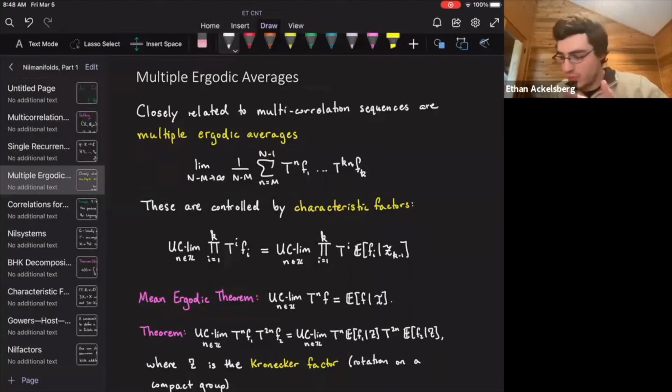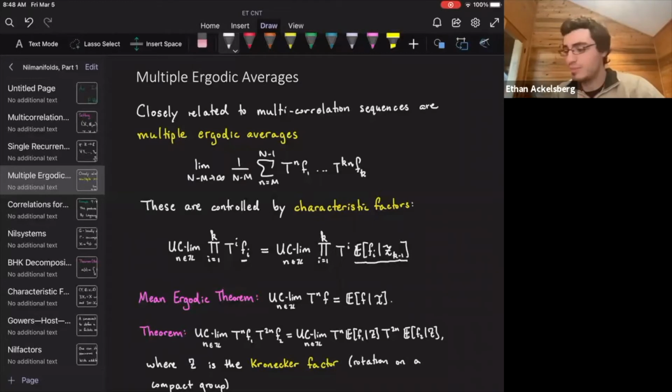And at least a standard, very useful approach for understanding these averages is to understand characteristic factors, which I'll talk about more in a bit. But instead of looking at our functions f_i, we can simplify, looking at the projection onto some subspace.